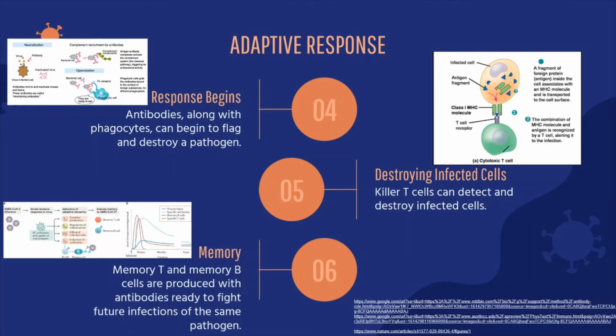And finally, we have the memory portion of the adaptive immune response. And this is important when it comes to vaccine science because these white blood cells are going to be ready to produce antibodies that are tailor-made towards that particular pathogen.